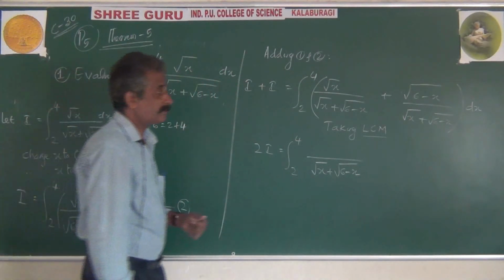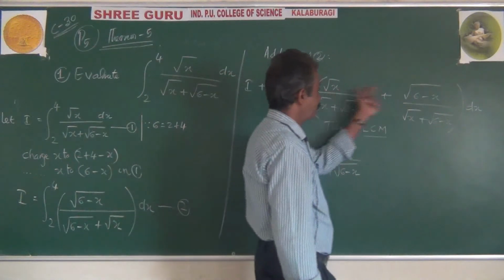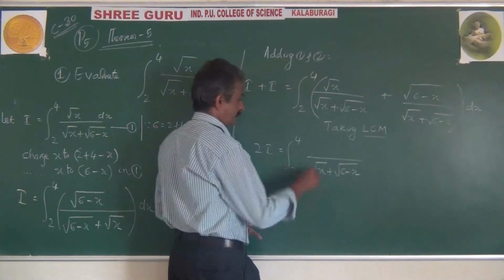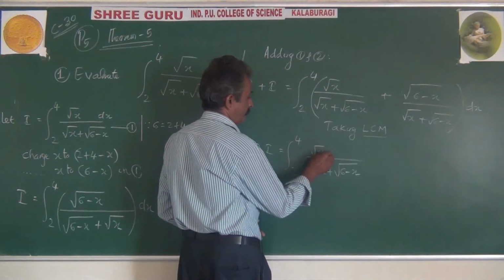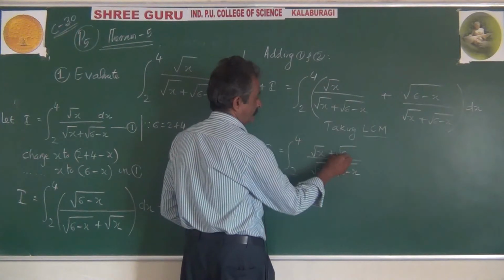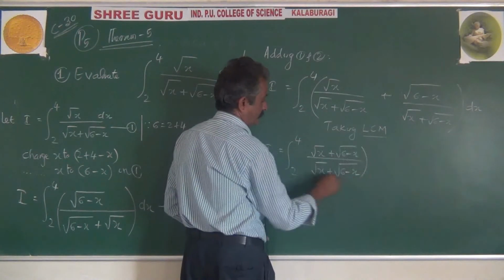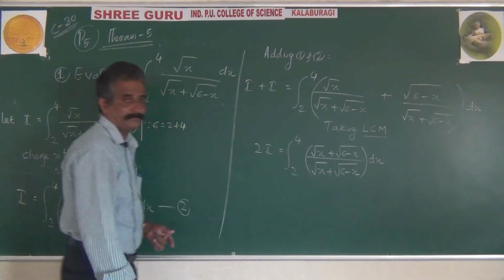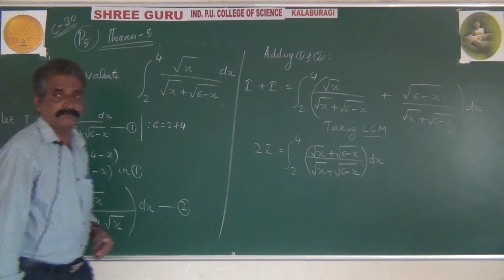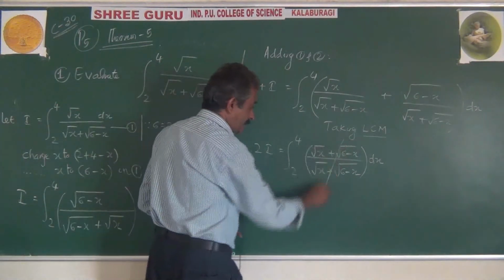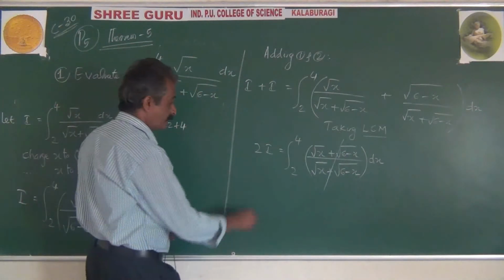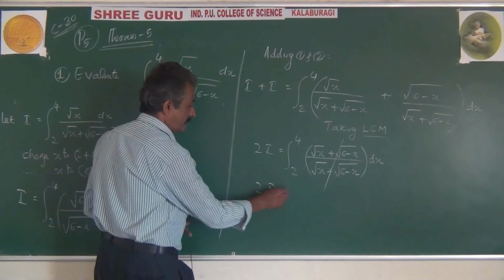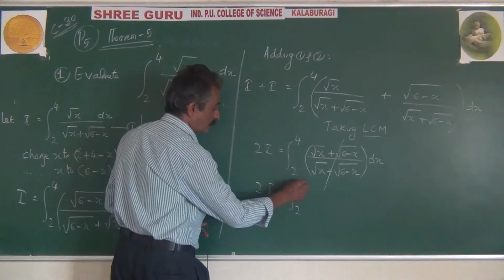In the numerator, we get root x plus root of 6 minus x. So that entire expression will cancel out under division. 2I equal to integration 2 to 4 of 1 dx.